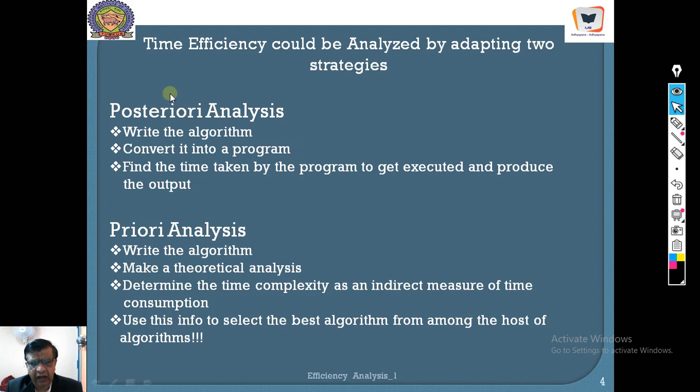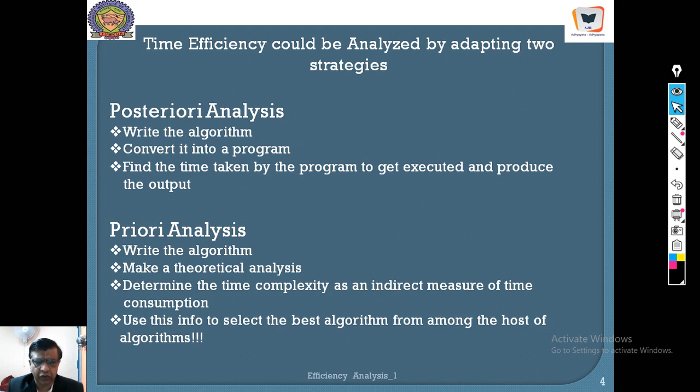But there are a lot of questions that are to be posed. Take an algorithm which is verbose, a program which is verbose, and you have a sophisticated system, let us say state-of-the-art architecture. It would run within no time. Therefore, whether a program gets executed fast or slowly depends upon the architecture of the machine, number one.